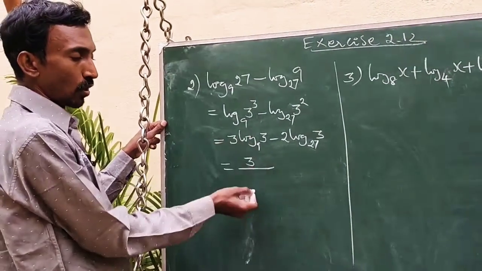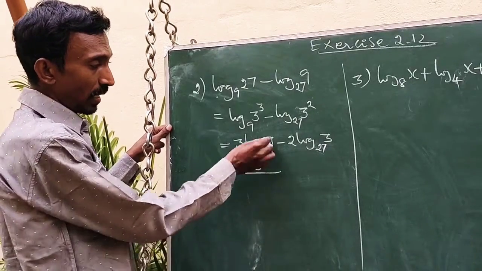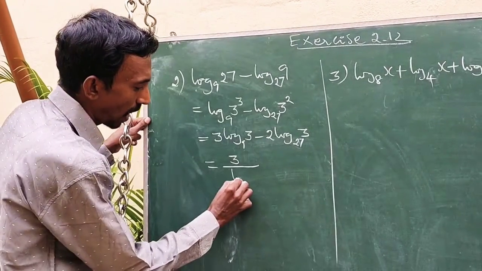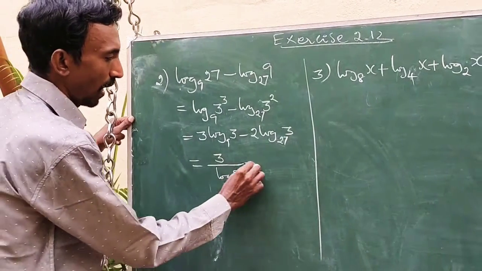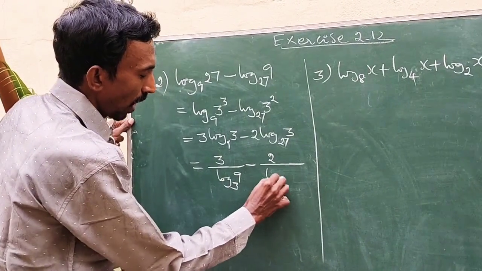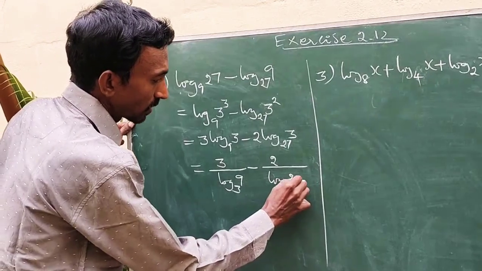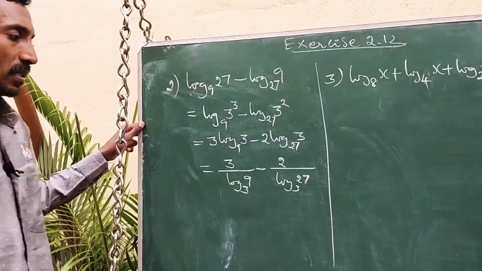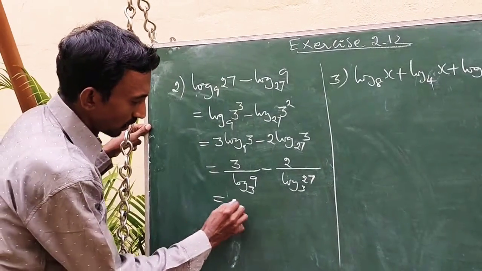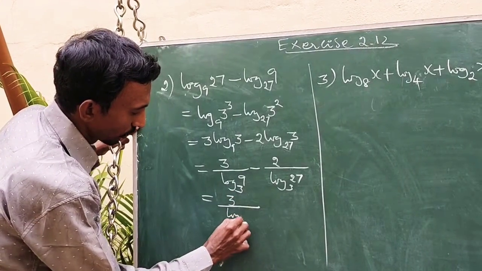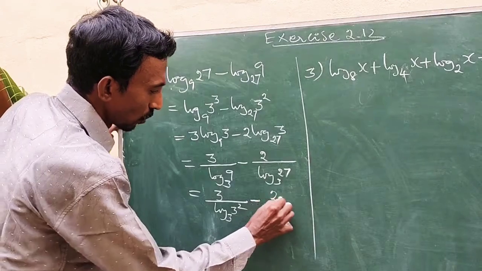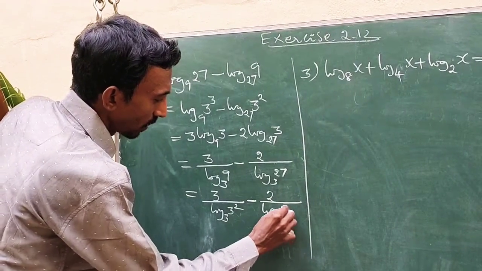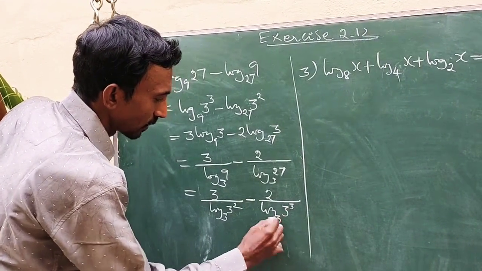If we move this one to the denominator, there is a change in the base. So log 9 base 3 minus 2 by log 27 base 3, change of base. So 3 into log 3 square base 3 minus 2 by log 3 cube base 3.